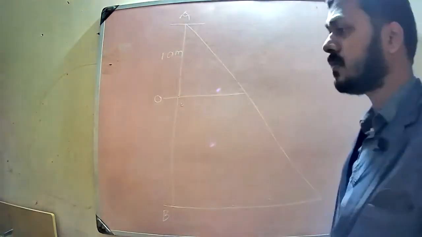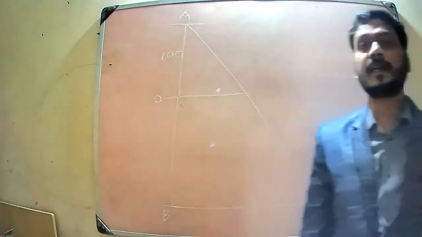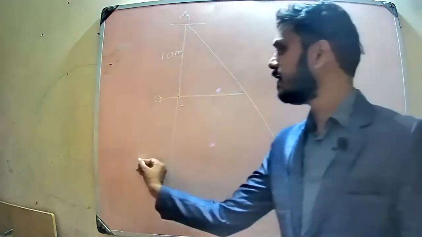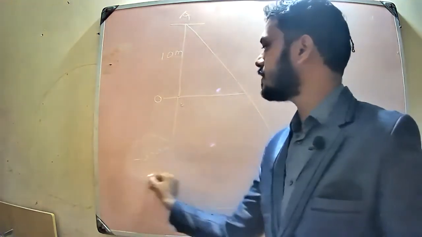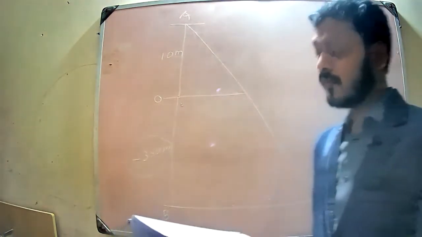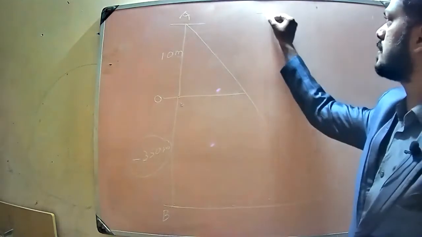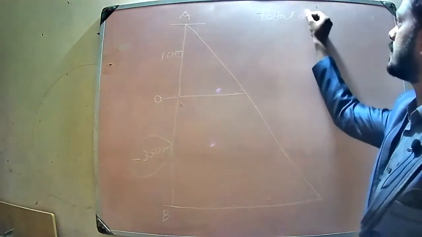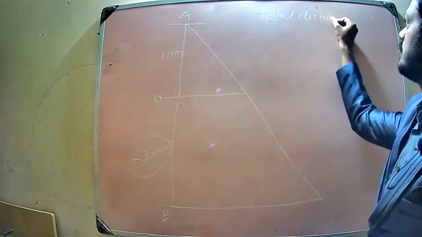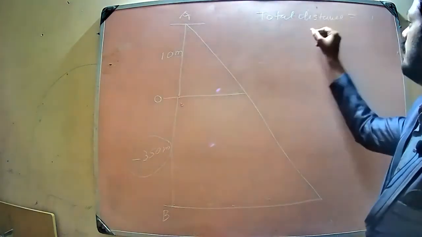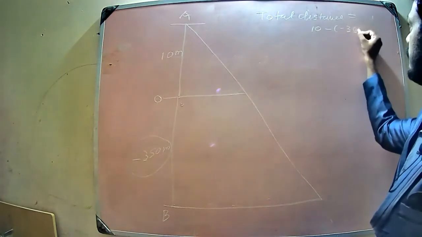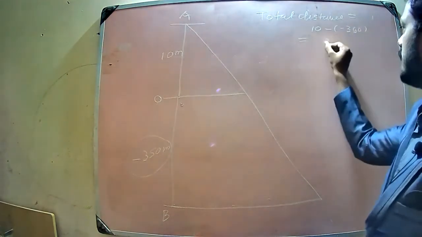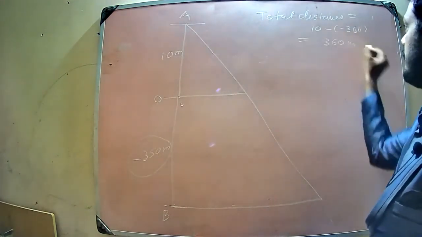The downward direction represents negative integers, and it is given 350 meter, and minus represents the downward direction. So we can write here the total distance equals 10 minus, and the second one has a negative value, so the answer is 360 meter.